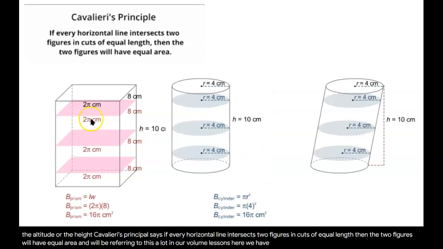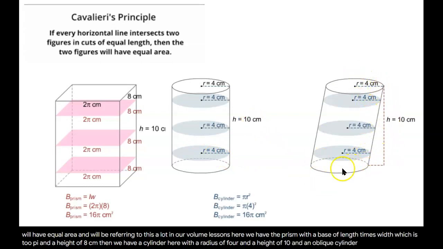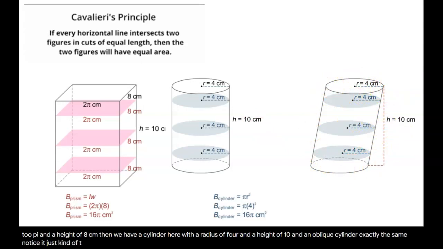Here we have the prism with a base of length times width, which is 2 pi, and a height of 8 centimeters. Then we have a cylinder here with a radius of 4 and a height of 10, and an oblique cylinder exactly the same. Notice it just kind of tipped like the Tower of Pisa.